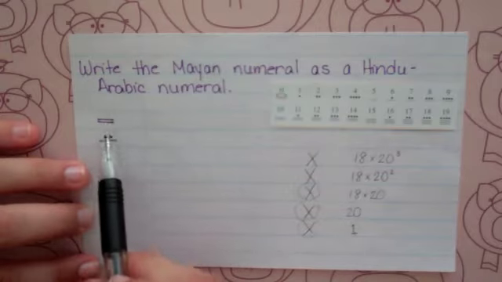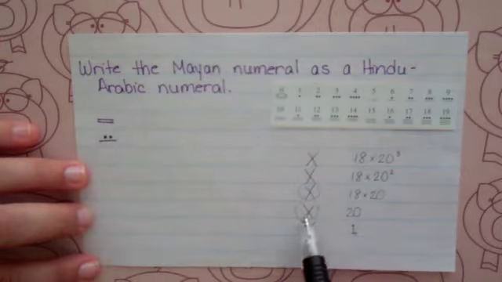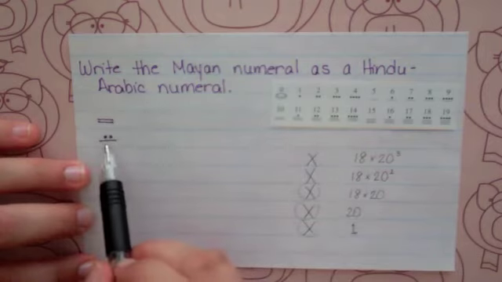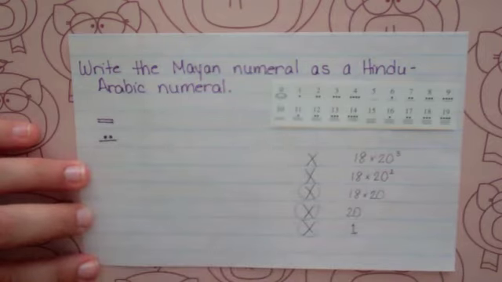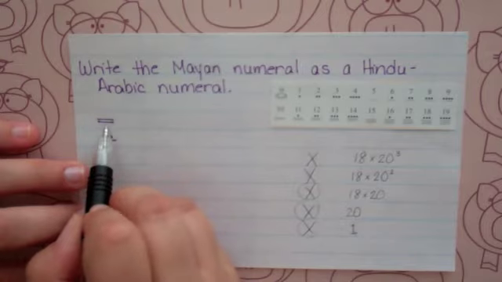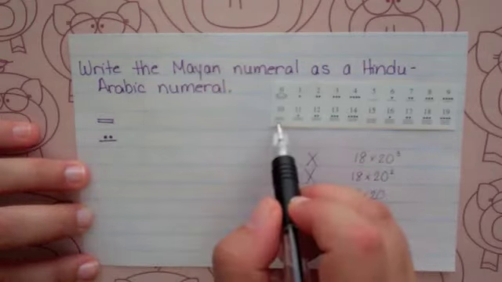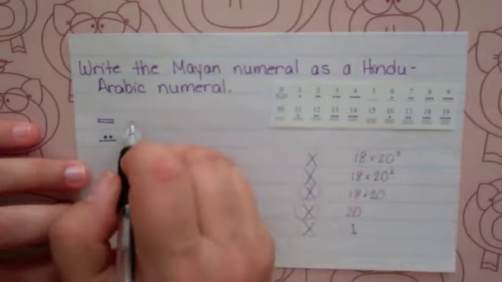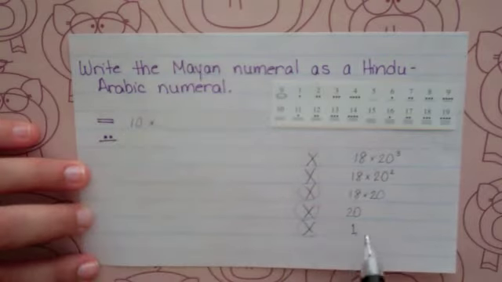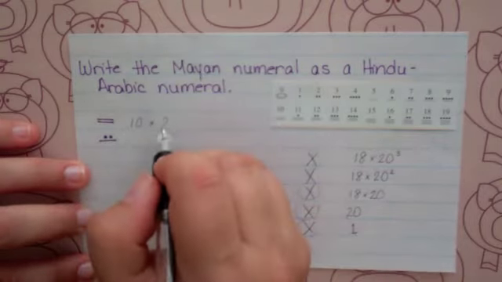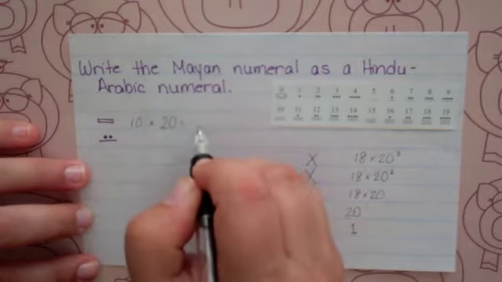Okay, so I started off with just a 2-digit number. This one represents the 20s spot, and this one represents the 1 spot. I'm going to look up this symbol in my Mayan numeral chart, and you can see that it represents a 10 times place value 20. 10 times 20, 200.